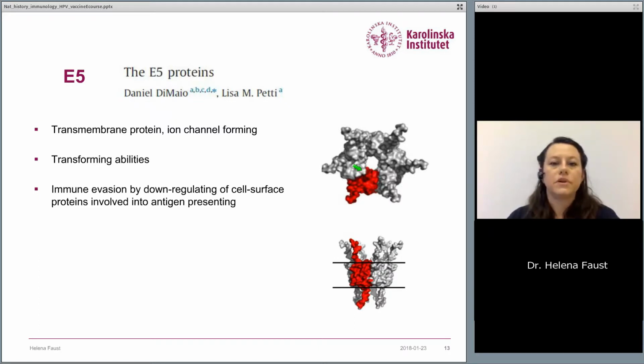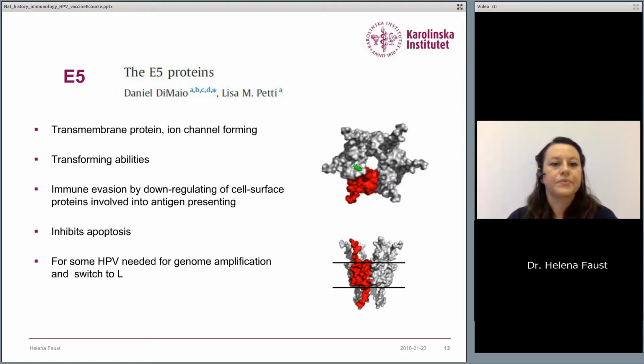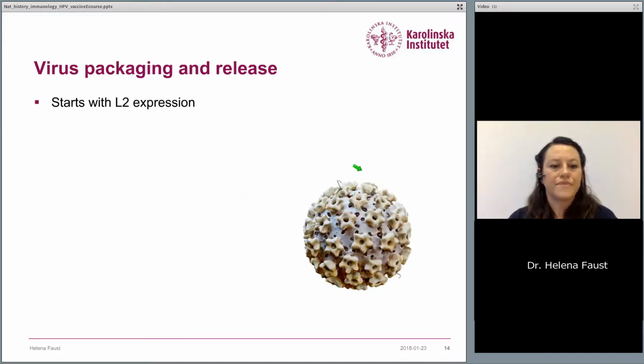Its main function is that it triggers immune evasion by downregulating cell surface proteins involved in antigen presentation. Also, it inhibits apoptosis. For some HPV, E5 is needed also for genome amplification and switch to L1 production.